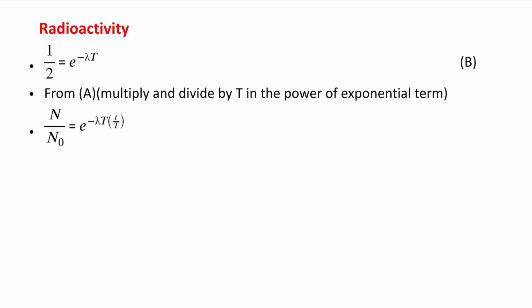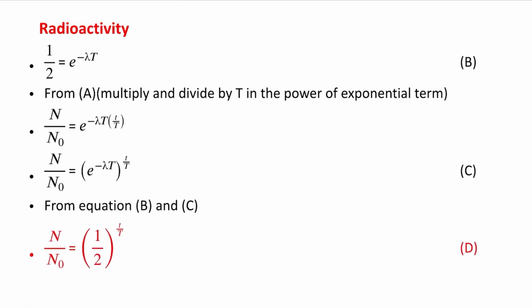So my equation looks like N upon N0 is equal to e raised to the power minus lambda into capital T multiplied by small t upon capital T. So N upon N0 is equal to e raised to the power minus lambda into capital T, and this whole term is raised to the power small t upon capital T. This is our expression C.